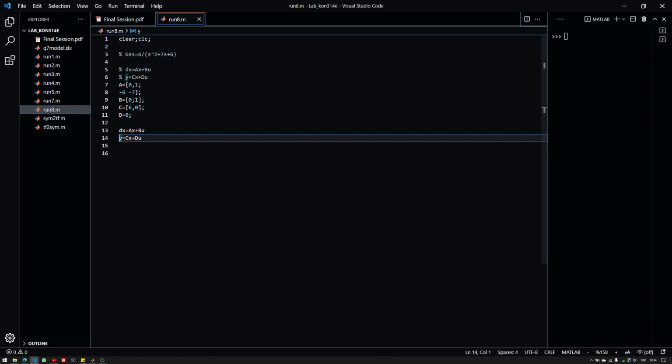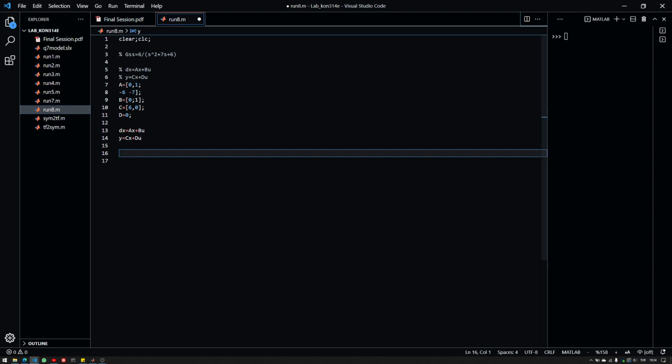Keep in mind that ABCD are matrices, and that's the only information that we need so far. So let's attack this equation. We can take the Laplace transform, because now we start from the differential equation or the state space model, and we want to transition into the transfer function, so we have to use the Laplace domain.